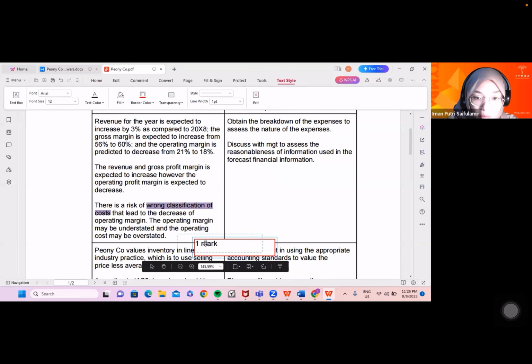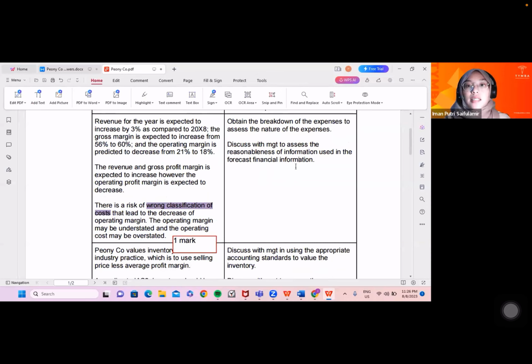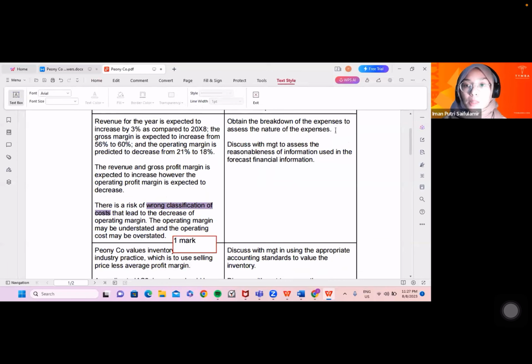This is 1 mark. Obtain a breakdown of the expenses and assess the nature of the expenses. Here, you will lose 0.5 marks because you did not explain specifically what expenses. Remember, I want you guys to be specific. What expenditure?